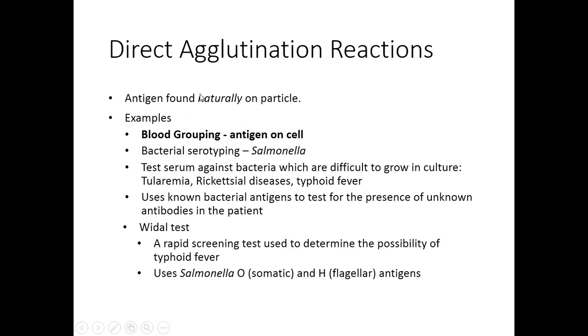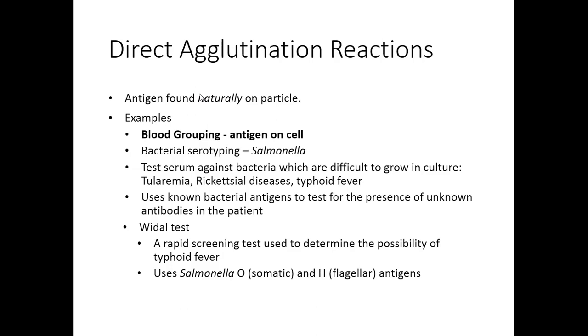Red blood cells have red cell antigens on them, and bacteria have antigens on them. Direct agglutination reactions are the ones where soluble antibody binds to those naturally occurring antigens found on the particle.